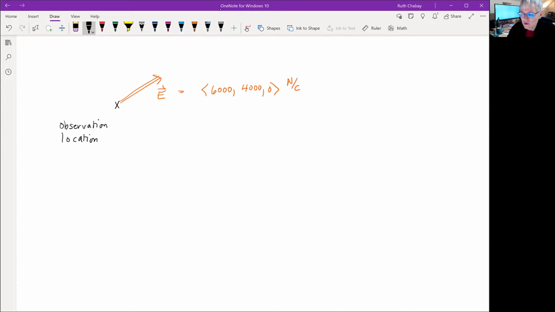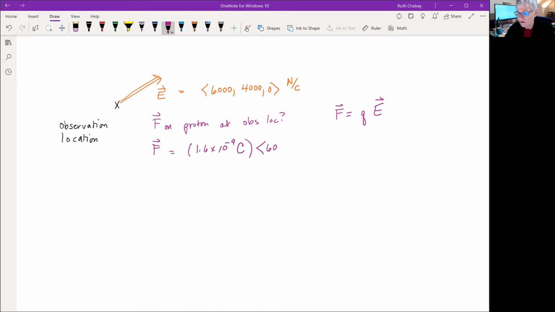So what's going to happen? Suppose we put a proton here. What would the force on a proton be? Okay, well, we calculate using our equation F equals QE. So the force would be the charge of the proton, which is 1.6 times 10 to the minus 19 coulombs, a scalar, times the value of the electric field, which is a vector, 6,000, 4,000, 0 newtons per coulomb.